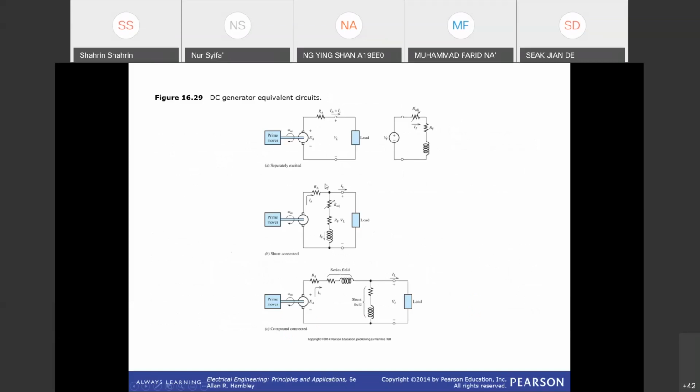So this is the equivalent circuit of the three types of DC generators. The circuit is almost the same, but the difference is on the direction of the current. Right now, as you can see, the source comes from the mechanical prime mover. The prime mover is anything that makes the motor possible to rotate.